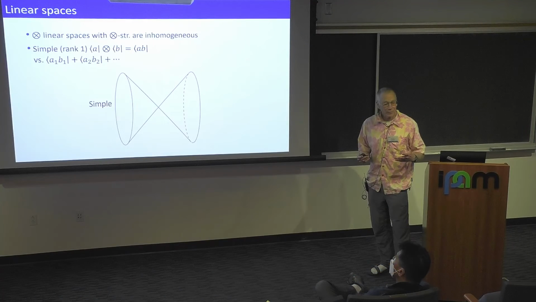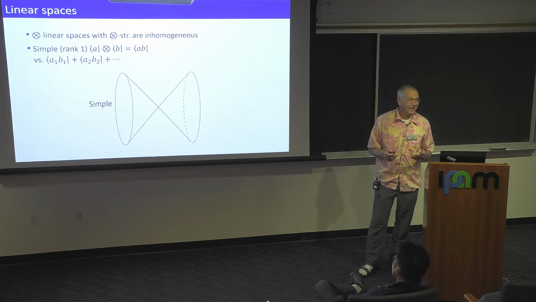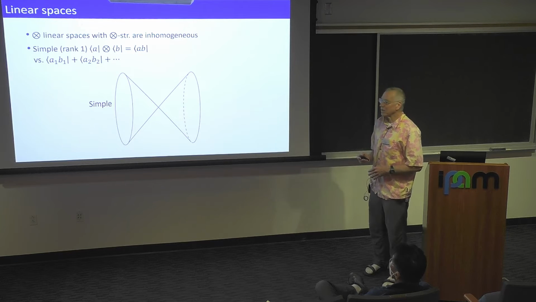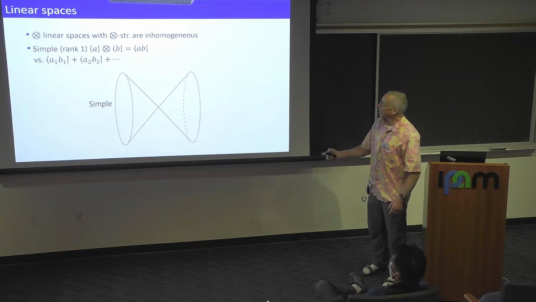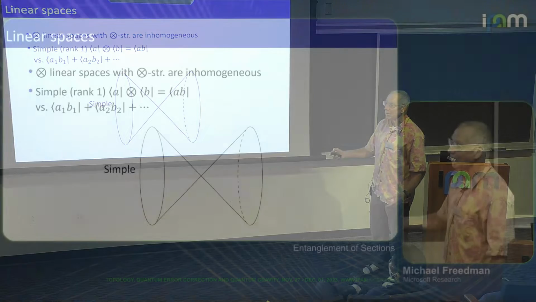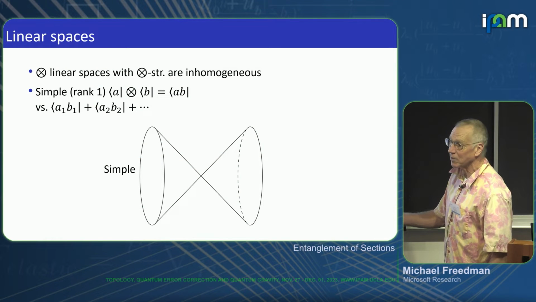The main thing about the vector space, if it's naked and has no additional structure, is that every direction is the same. But if there's a tensor structure, then some directions are simple. They're just tensor products of a vector from each factor, written either of these two ways, and some are sums of such things, which are necessarily then entangled. That's what it means to be entangled, is just not to be simple.